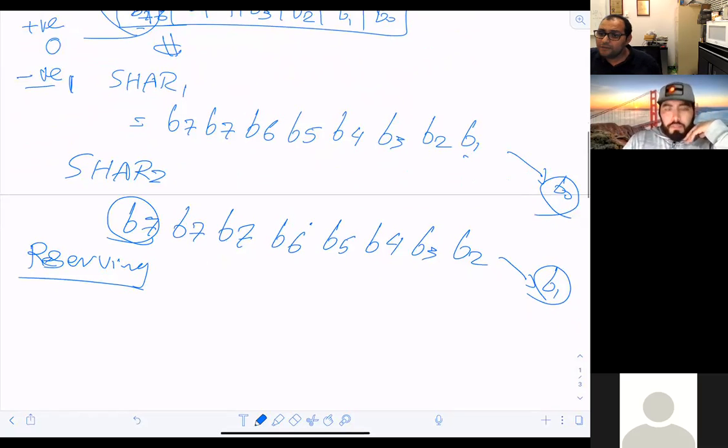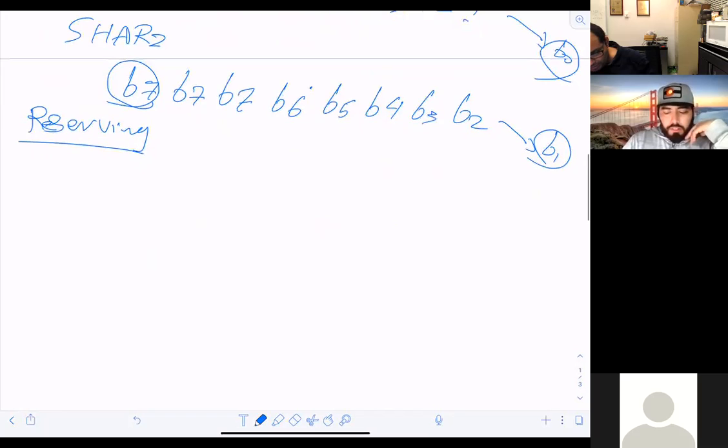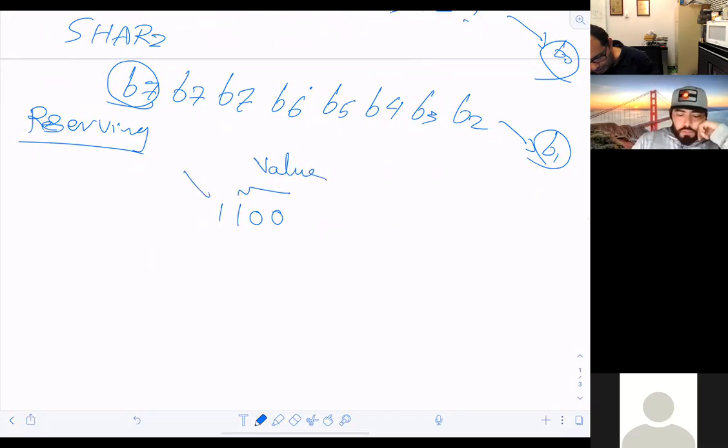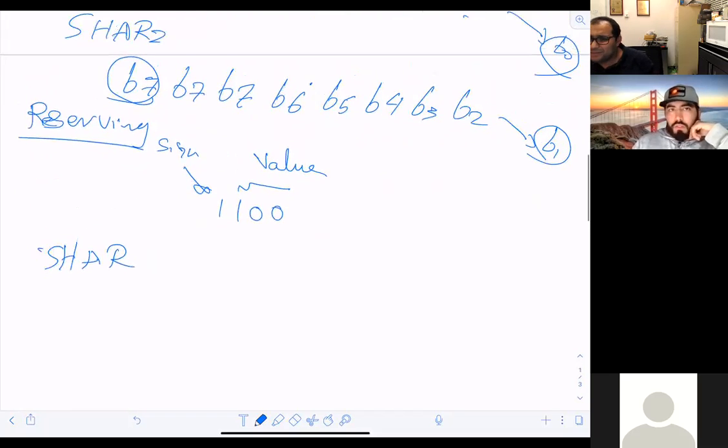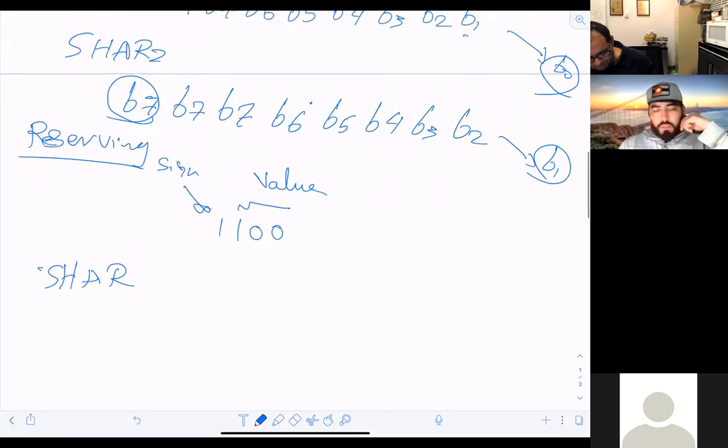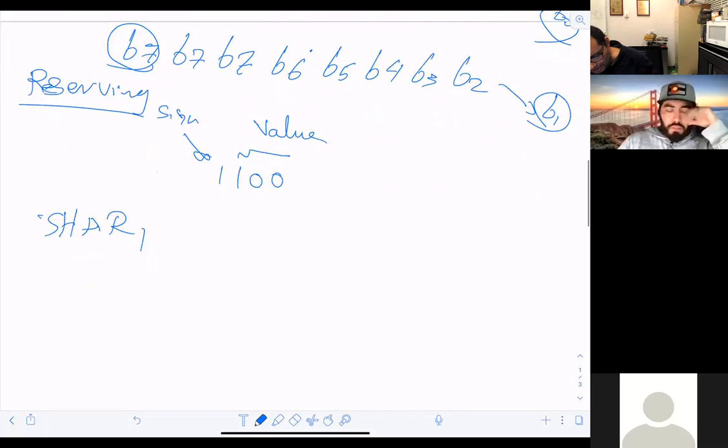Let's have it with numbers. Let's say the number is represented in 4 bits, and bit number 4 is the most significant bit, which is actually the sign. Let's make it 0, 0, 1, 1. This is the value, and this is the sign. If I shift arithmetic right 1, I'm going to see this is 1.